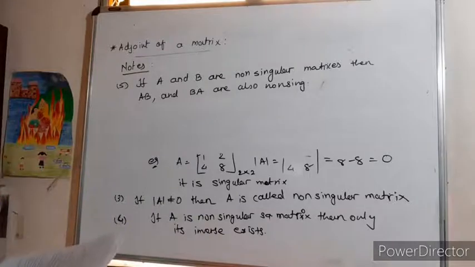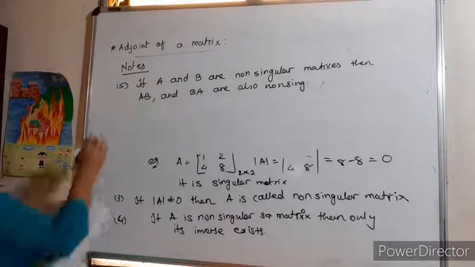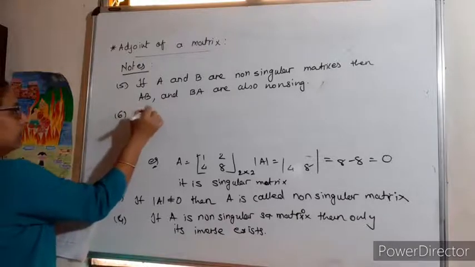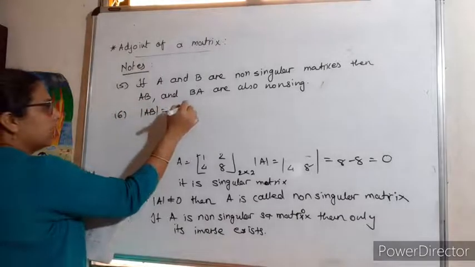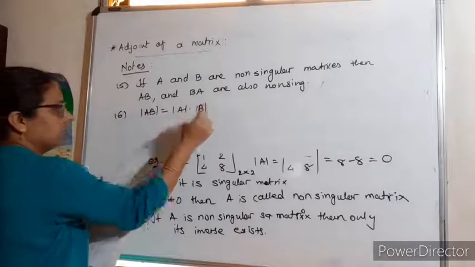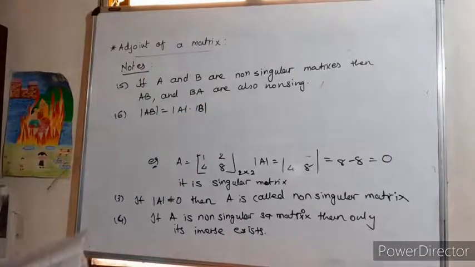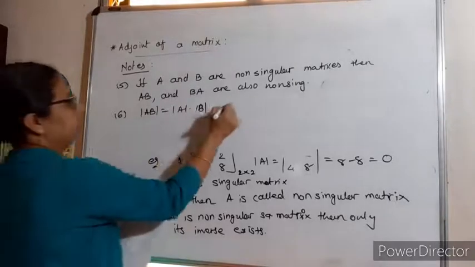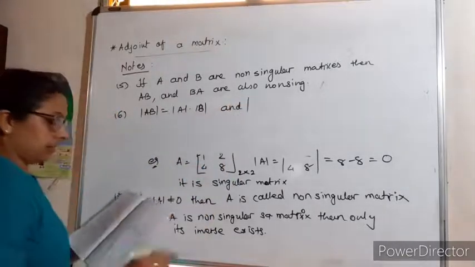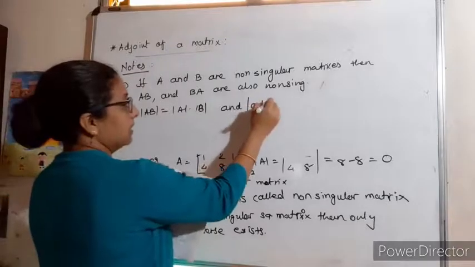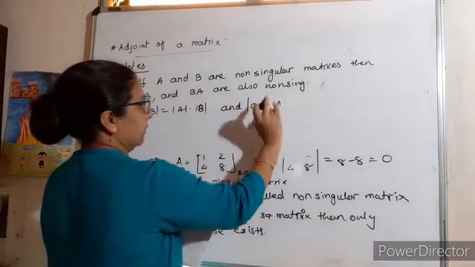If A and B are non-singular, then its product is also non-singular. You understand this? Yes. And a more important thing is that you can write like this. We can write the determinant of the matrices separately in the modulus, yes or no? Yes. And here, determinant of adjoint of A.